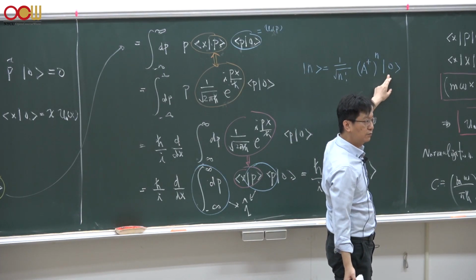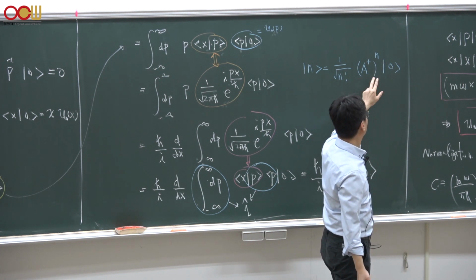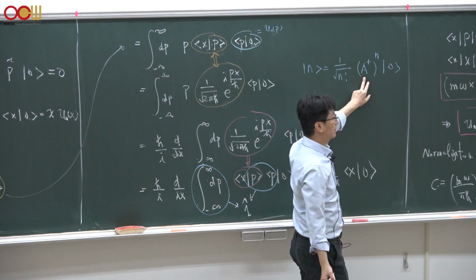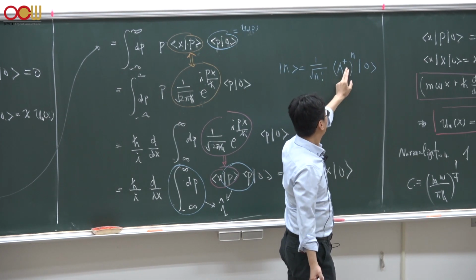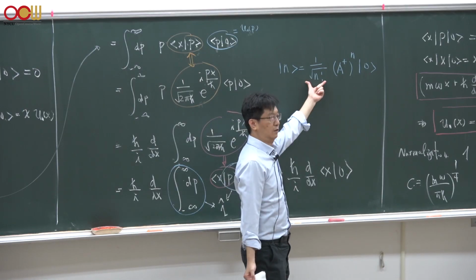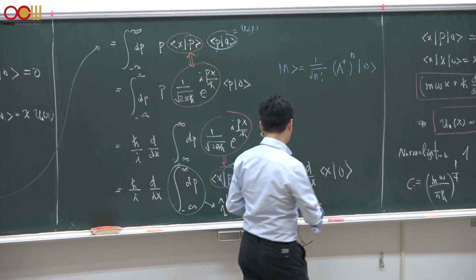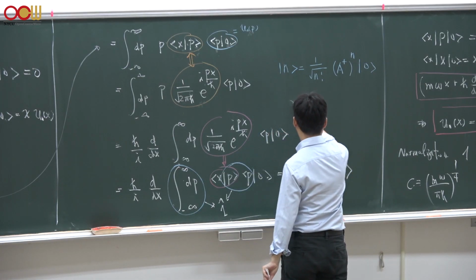You can get any floor you like. Suppose I apply A dagger n times, which means that I should use A dagger to the power of n, acting on this ground state |0⟩, but there is a prefactor to normalize the state, and this is in general an arbitrary eigenstate of the harmonic oscillator problem.